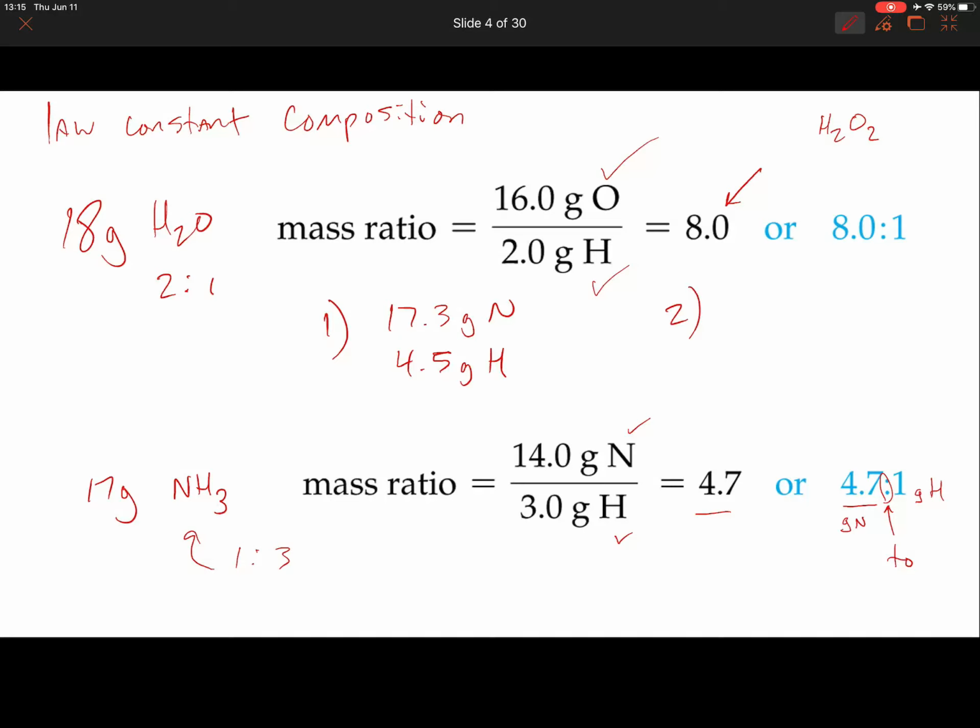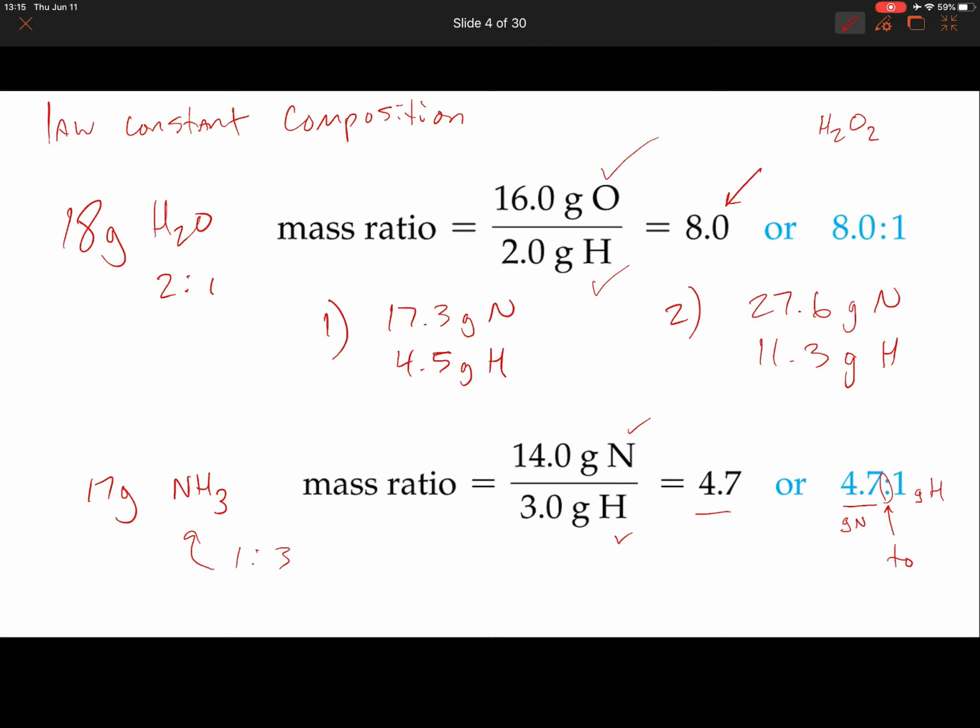And sample 2 has 27.6 grams of nitrogen to every 11.3 grams of hydrogen. Do these samples follow the law of constant composition, or do they not? Might they be different samples?